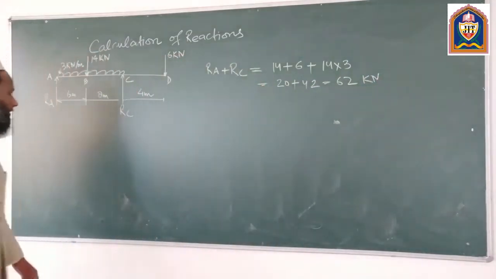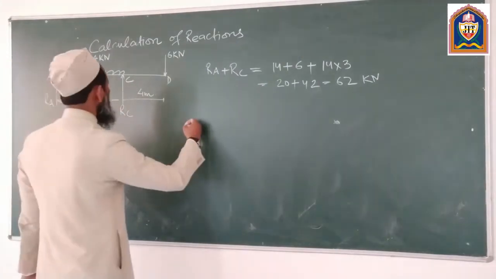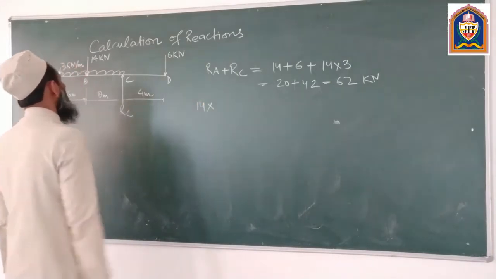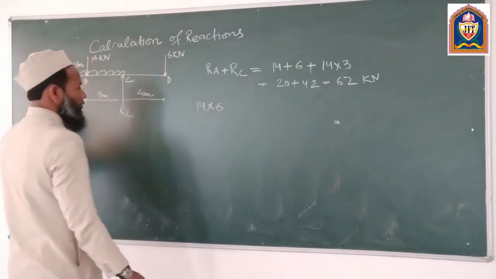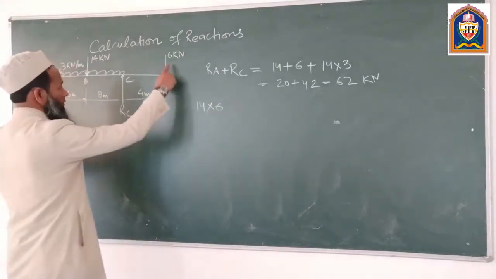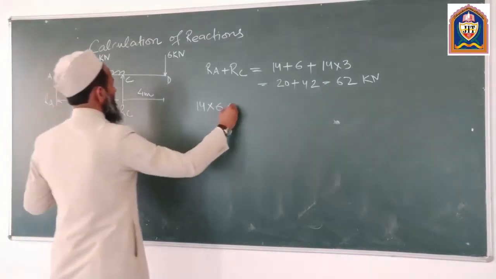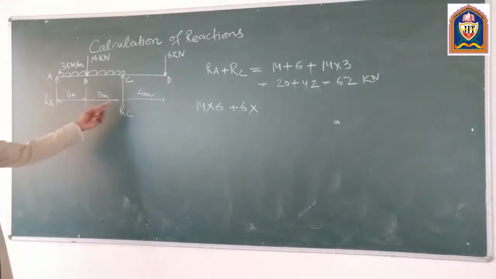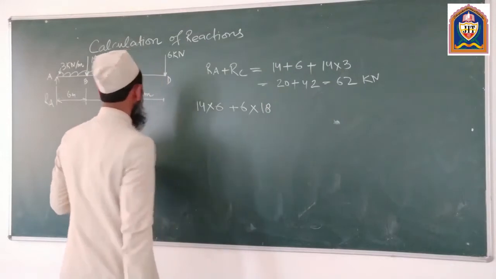The next thing is, we will find out the moment about point A. So this is equal to 14 multiplied by 6. This moment is in the clockwise direction. 6 multiplied by 6 plus 4, 10, 10 plus 8, 18. This is also in clockwise direction.